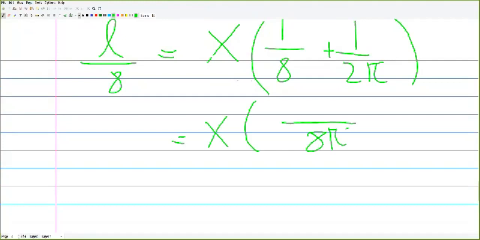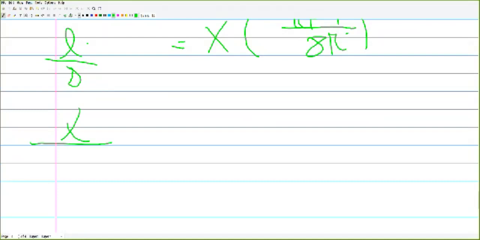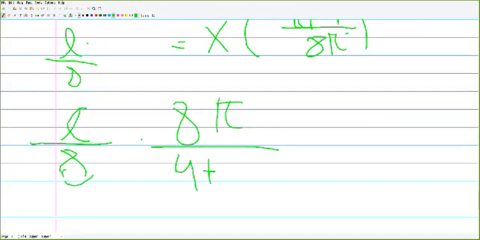Then 8 pi divided by 8, that's equal to 1. 8 pi divided by 2 pi, that's equal to 4. Pi plus 4, okay. So then we'll multiply L over 8 times 8 pi over 4 plus pi. Right?